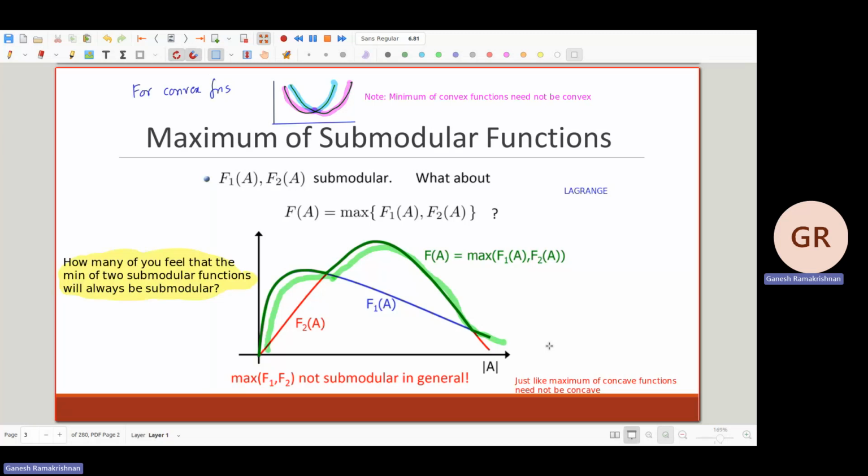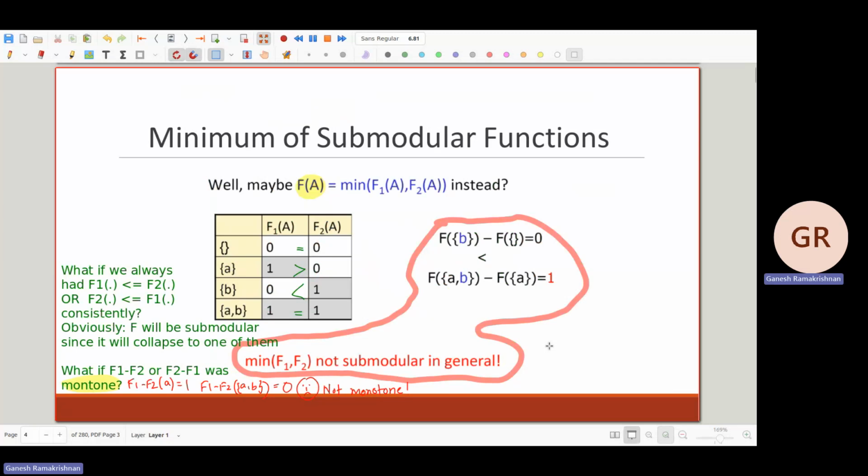The minimum of concave functions is concave. And we said some submodular functions behave like convex and concave functions in some regards. But here they behave neither like convex nor like concave. In fact, max is not submodular, and if you think min is submodular, min is also not submodular.